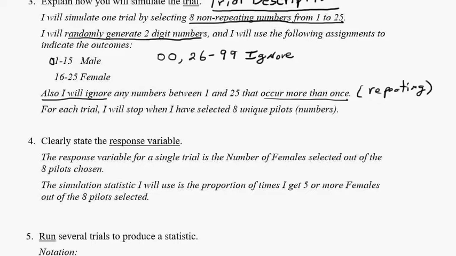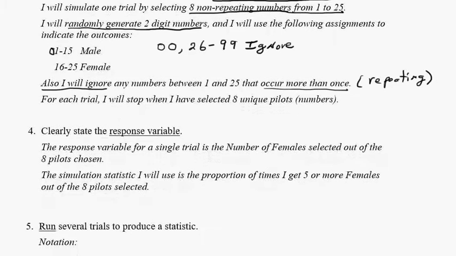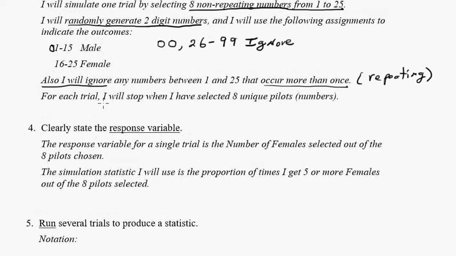Not all simulations require that. And then finally, make sure you state the stopping criteria. This one's pretty obvious, since I say 8 up here, but sometimes you need to explicitly state it. So I've been a bit redundant here. I will stop when I get 8 unique pilots.